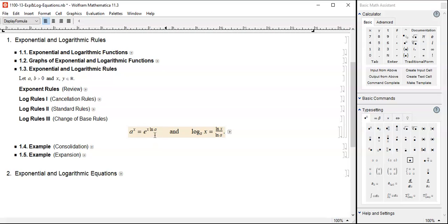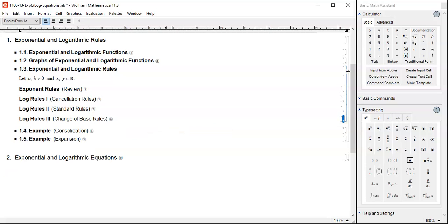Change it to a natural exponential like this, and then you can use a calculator. Your calculator will support natural exponential and natural logarithm. Same for an arbitrary logarithm: log base a can be changed into natural log over natural log like this. So you can use a calculator that supports natural logarithm to calculate any kind of logarithm or any kind of exponential.